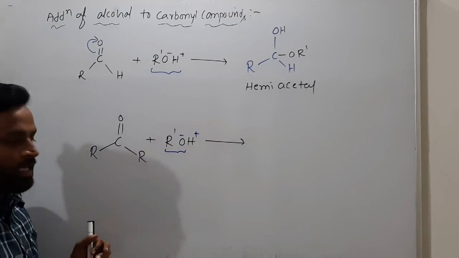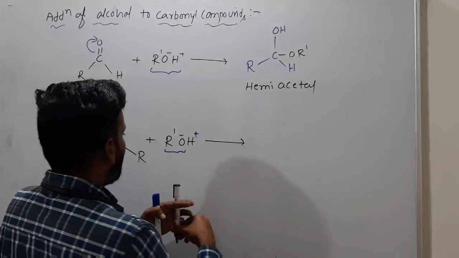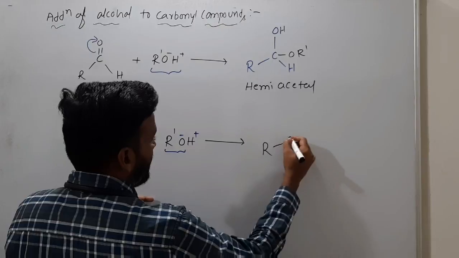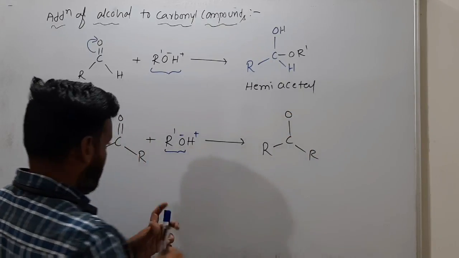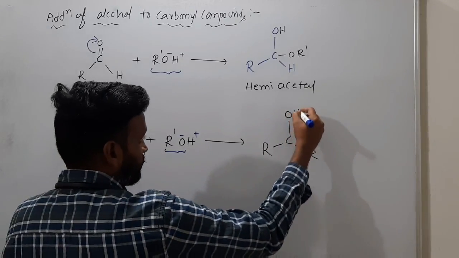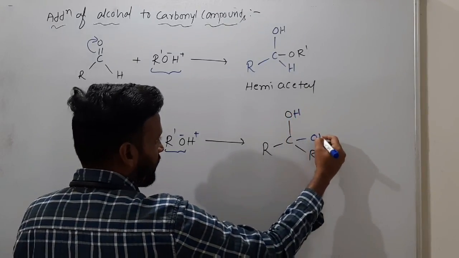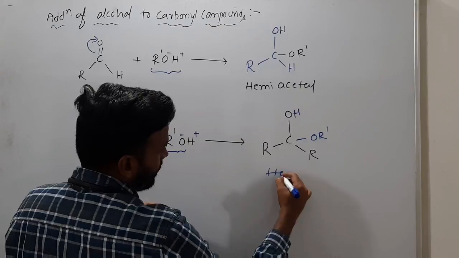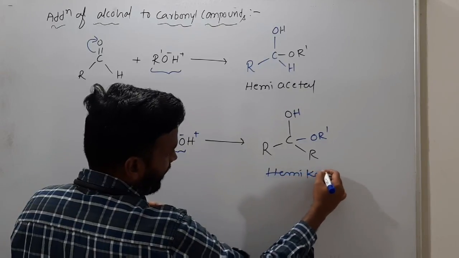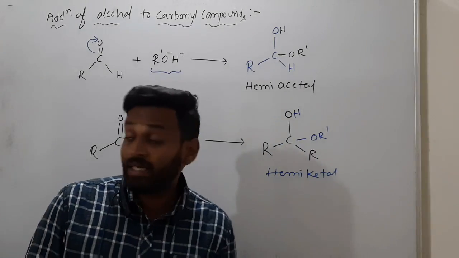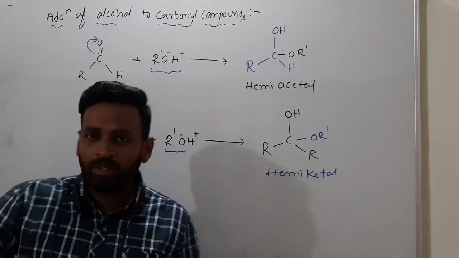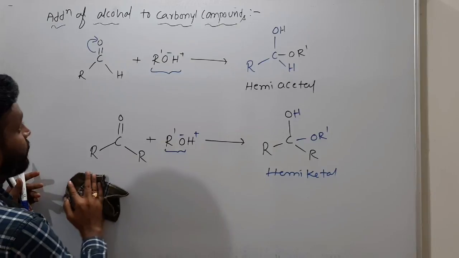Certainly you have a product like this: R and C and R, and OH and OR dash. This is called a hemi-ketone. Understood? So this is about the addition of alcohol.